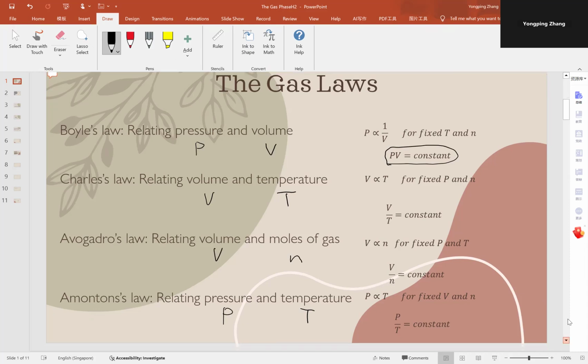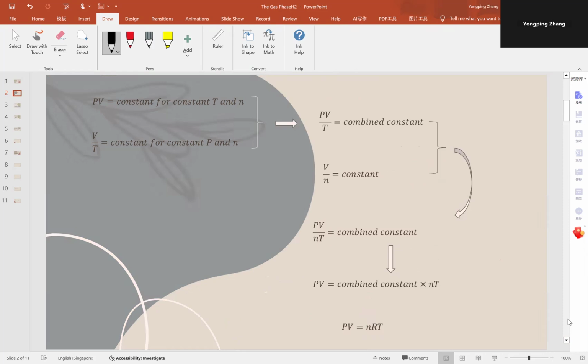From these relations, we can get the ideal gas equation. PV is constant for constant T, and volume divided by temperature is constant for constant P and N. So PV divided by T is a constant.